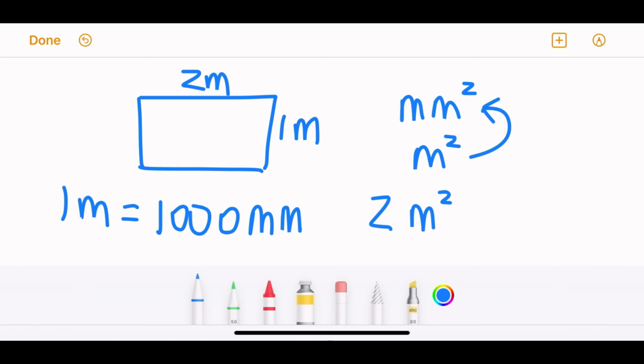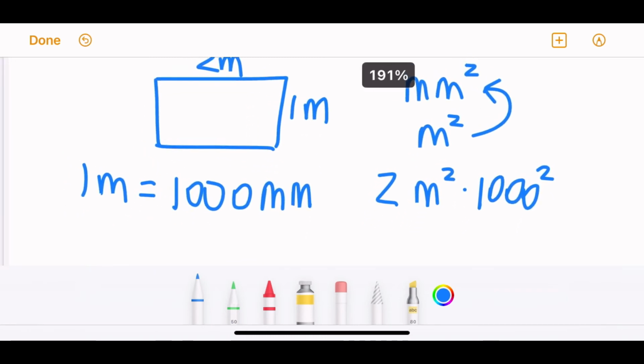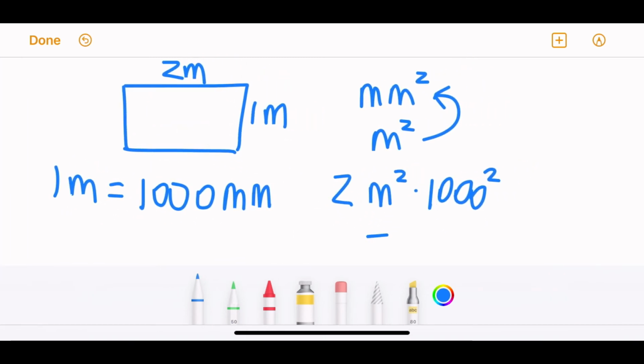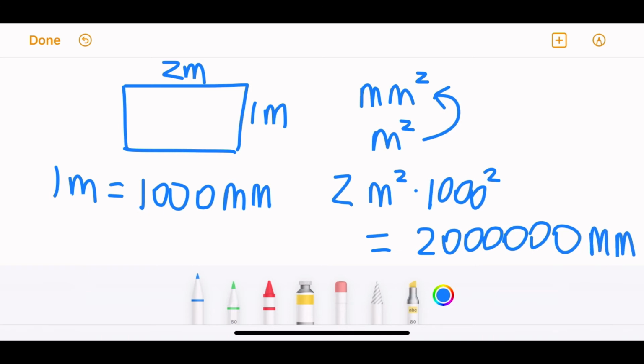So I'm going to multiply 2 by 1000 squared, so 1000 multiplied by 1000, and that will give me this number, 2 with 6 zeros following, and the new unit will become millimeters squared.